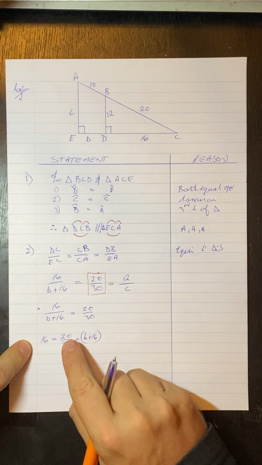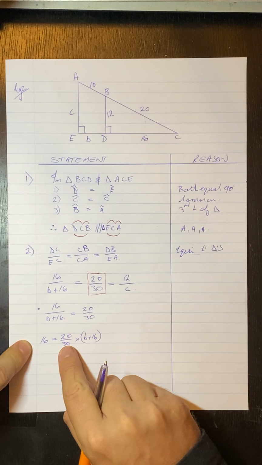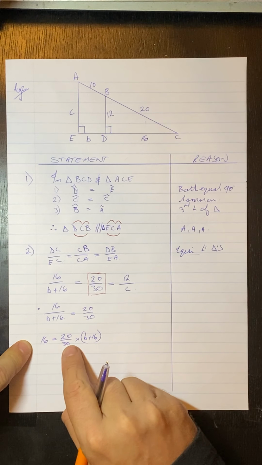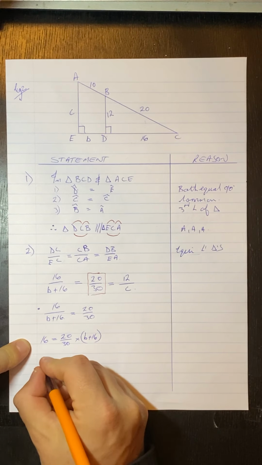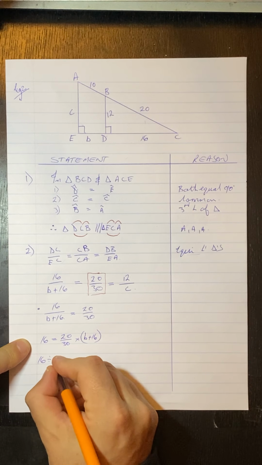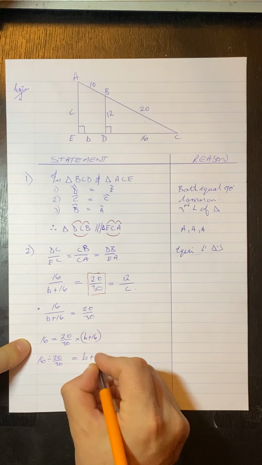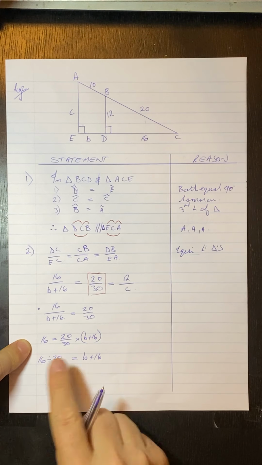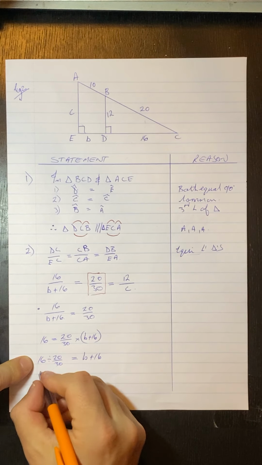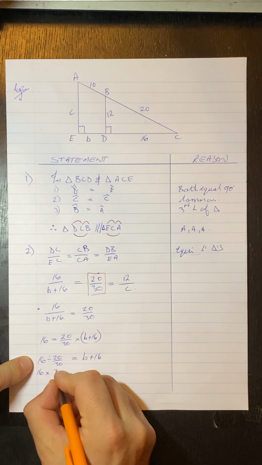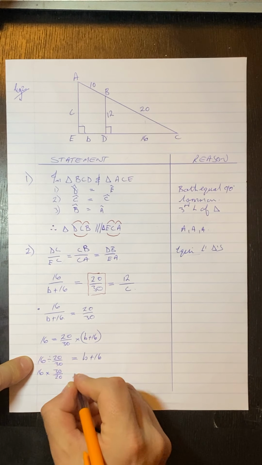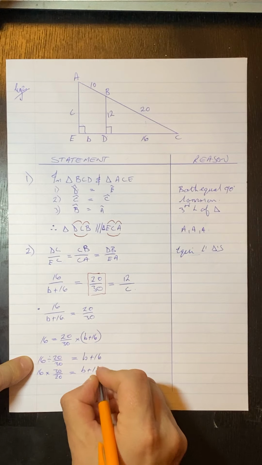To get this on its own, I need to divide both sides by this 20 over 30. So it's 16 divided by 20 over 30 equals B plus 16. Tip and times, so we get 16 times 30 over 20 equals B plus 16.